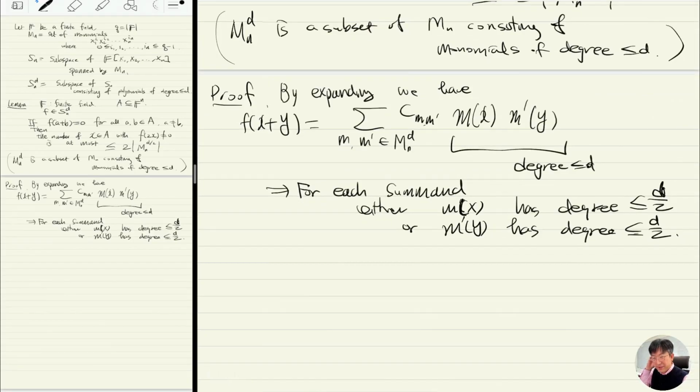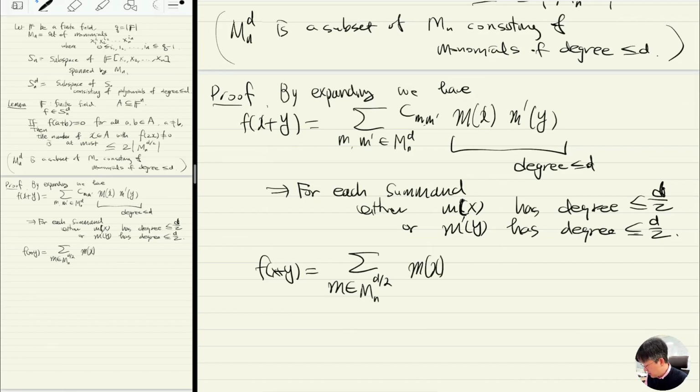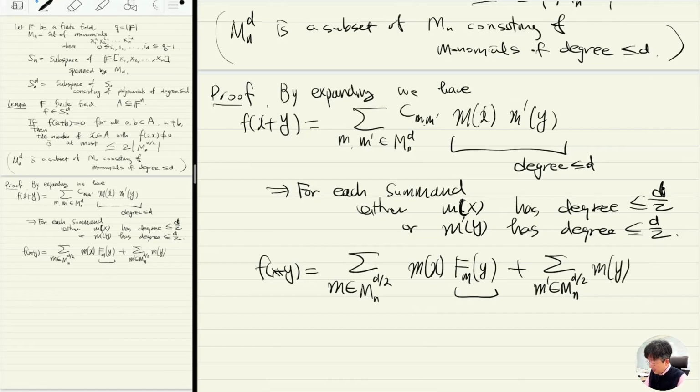So let's rearrange then. f of x plus y is the sum over all monomials of degree at most d over 2 of m(x) times some polynomial, where I collect the same terms, plus all the monomials of degree at most d over 2, then m(y) times the terms I have collected.